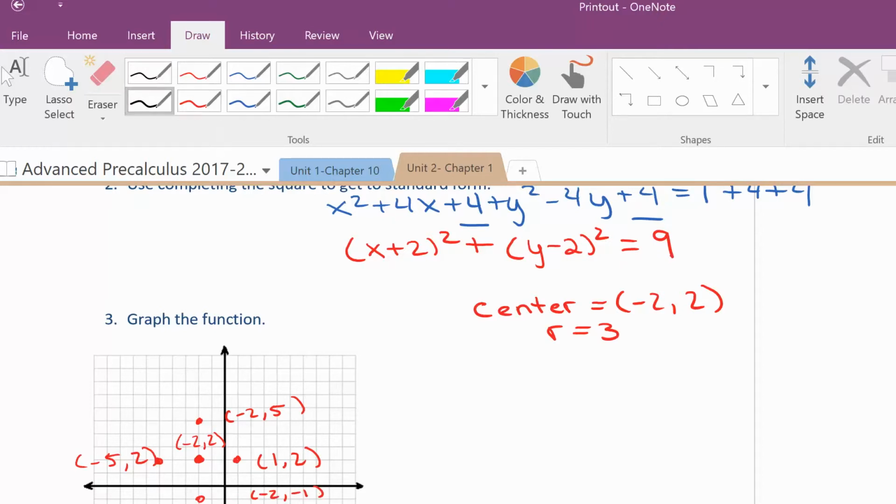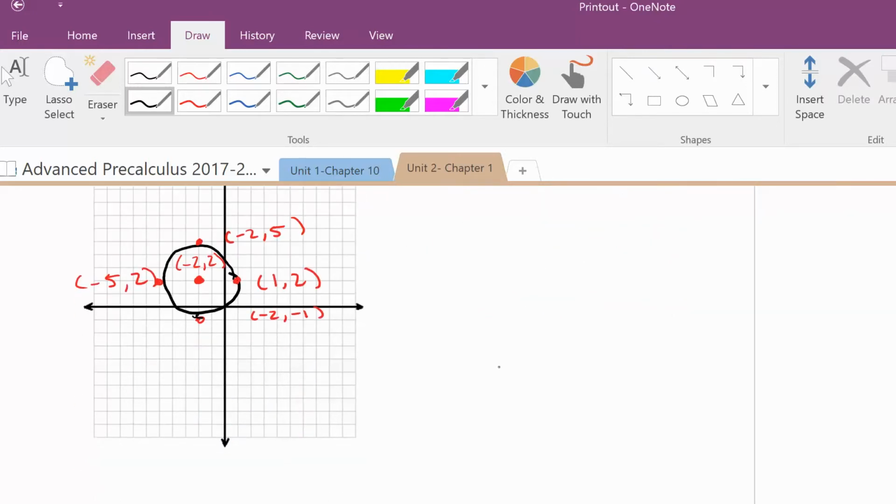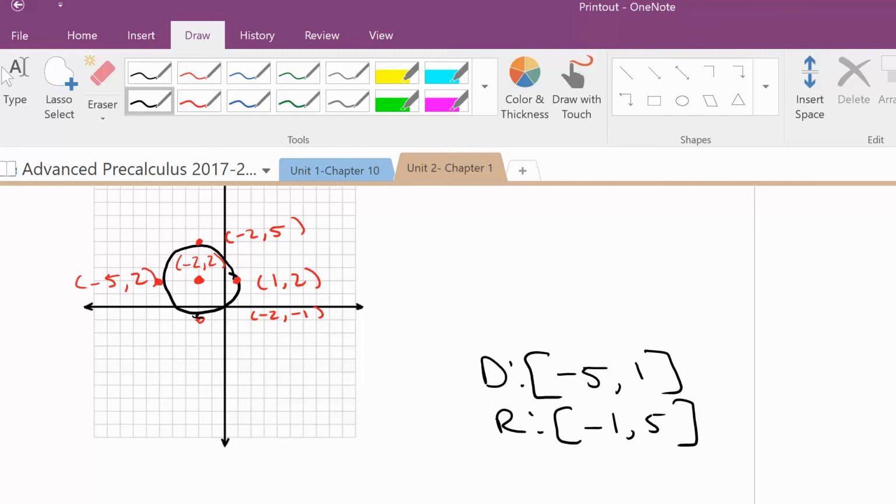And then draw your circle. Domain, so it's from negative 5 to positive 1. Notice for the x, and then the range from negative 1 to positive 5 for the y.